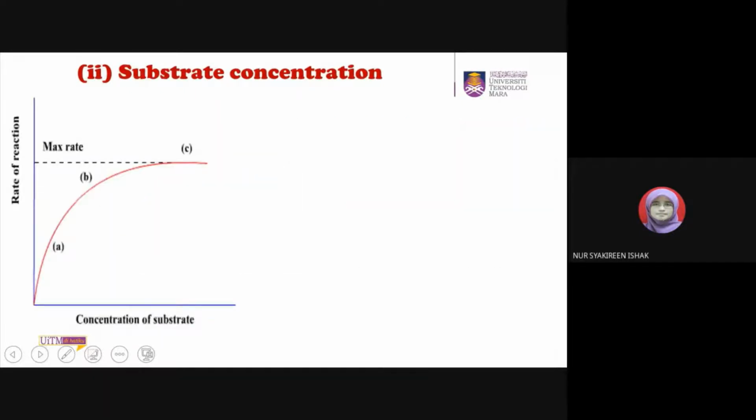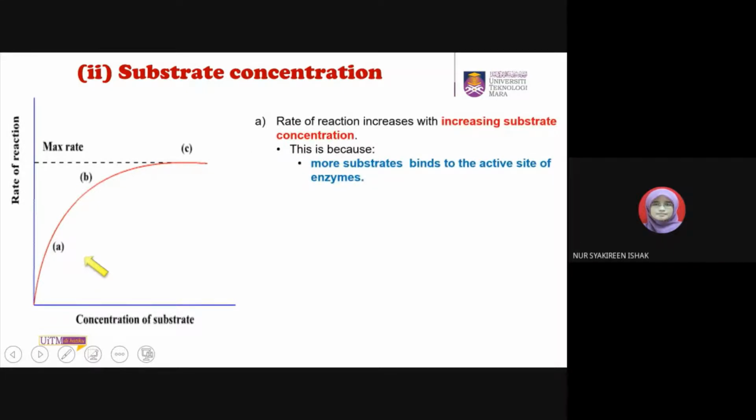Second, for substrate concentration. So we have this graph, where we have 3 points. We are going to look at each point here. For the first point, point A, what happened at point A? Rate of reaction increases with increasing substrate concentration. A very low amount of substrate will cause a very high rate of reaction to occur, because you have plenty of enzyme available, plenty of active sites available for the substrate to bind.